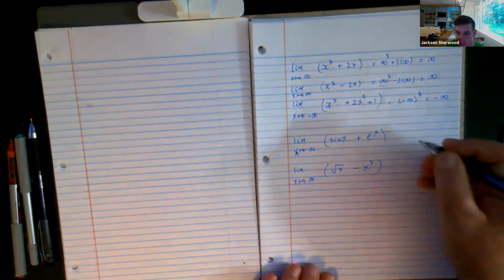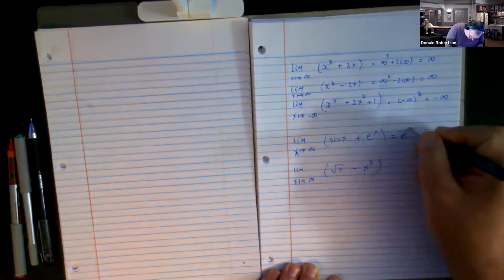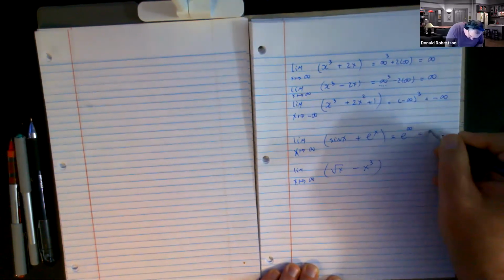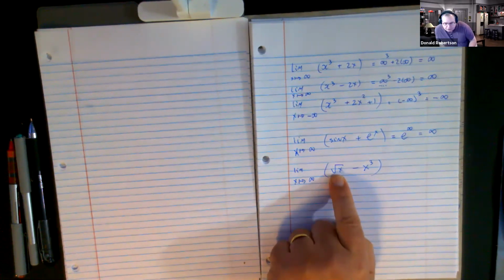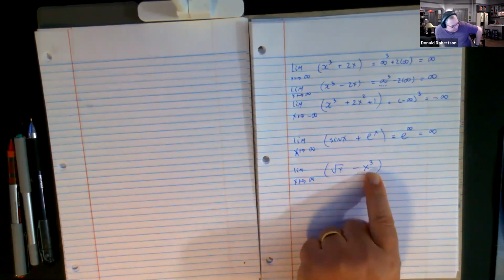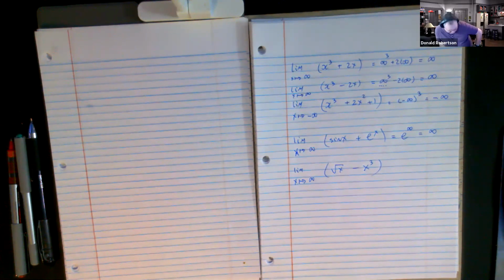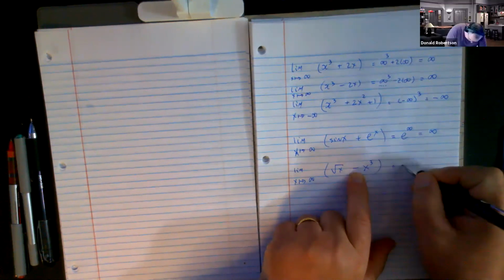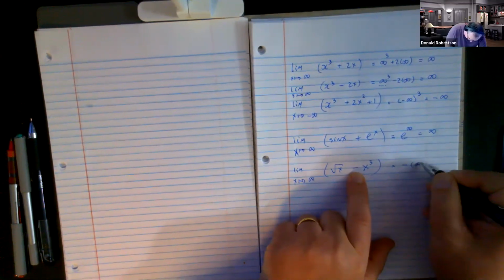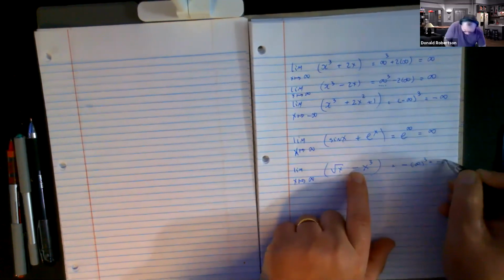And so won't the answer essentially be positive infinity, because e to the infinity is infinite? Who's going to win between square root of x and x cubed? X cubed. Right. And there is a negative in front of it, so negative infinity cubed ends up being negative infinity.